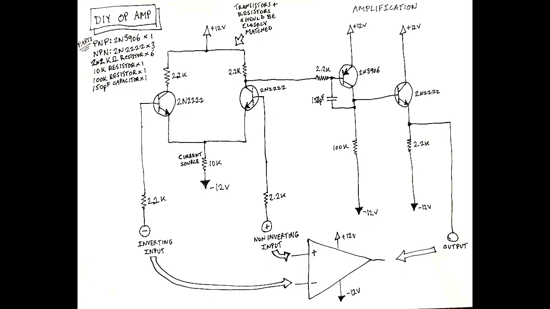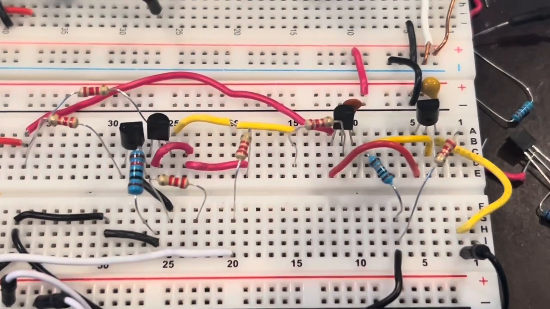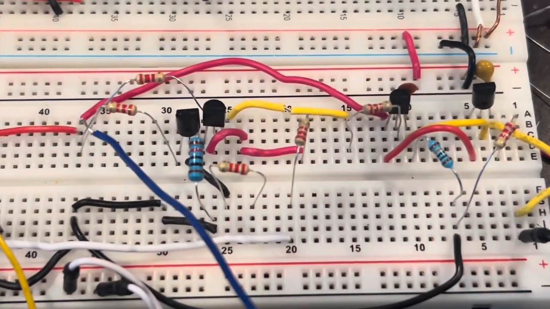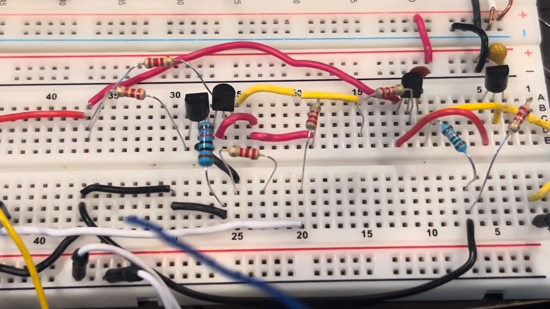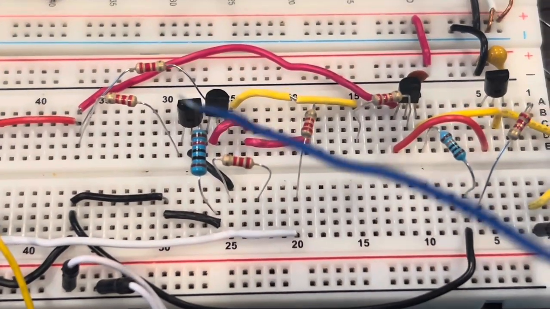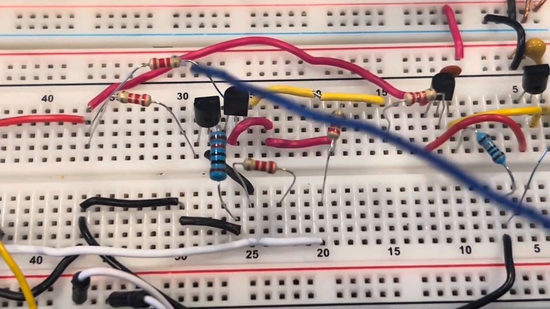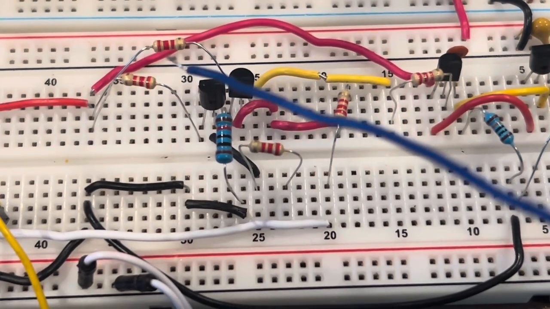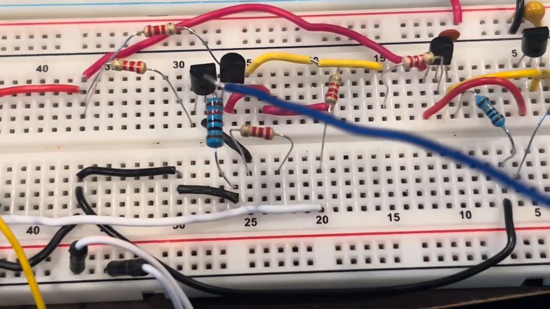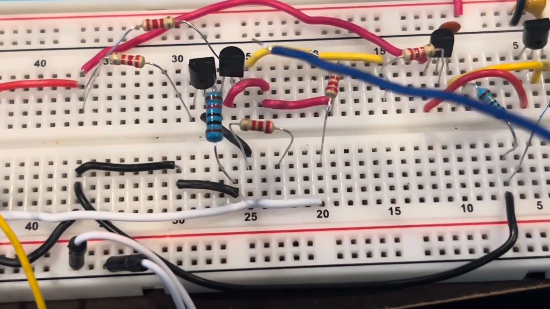I'll show you the circuit on the breadboard. Basically, this is powered with positive 12 volts. All the red wires are positive 12 volts. All the black wires are negative 12 volts. It starts out with these two 2.2K resistors that are supplying voltage to two NPN transistors.